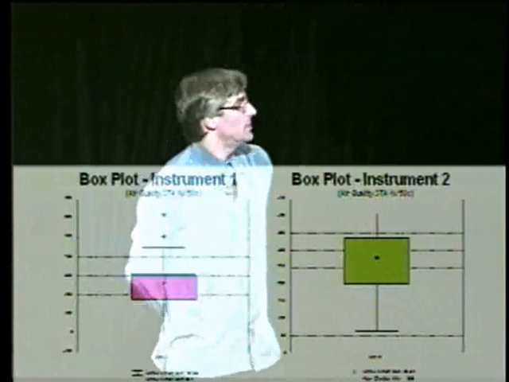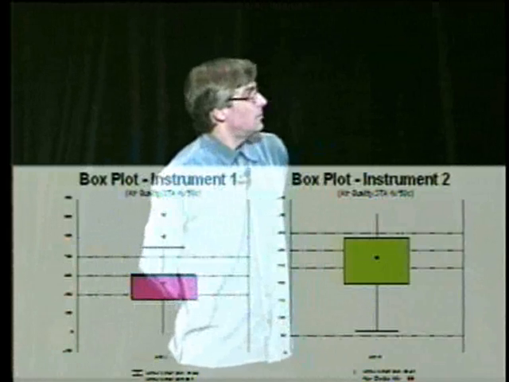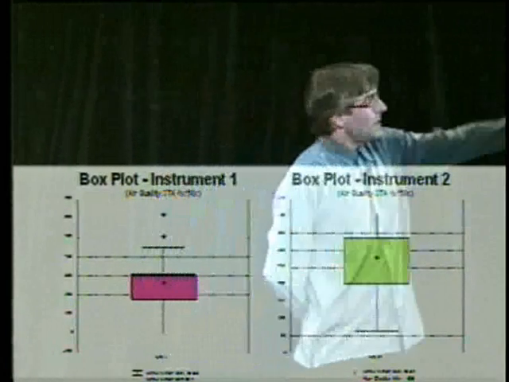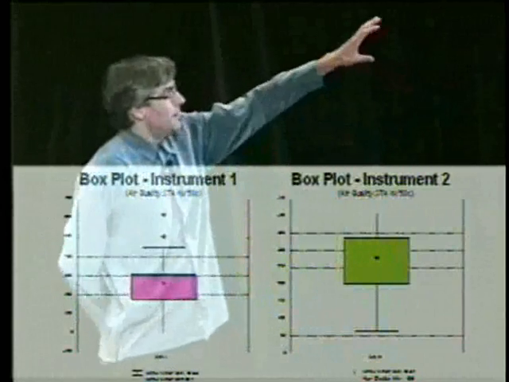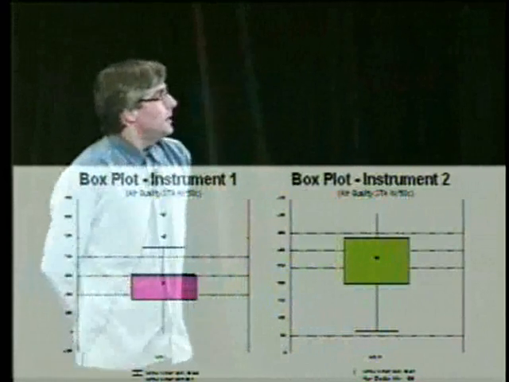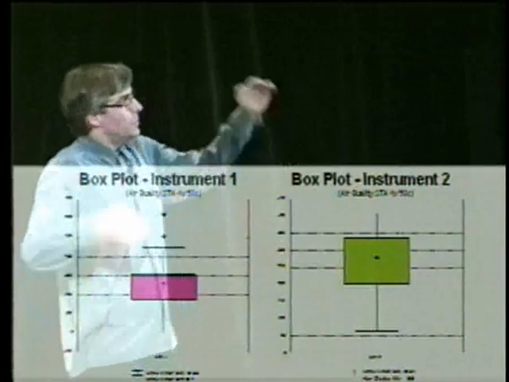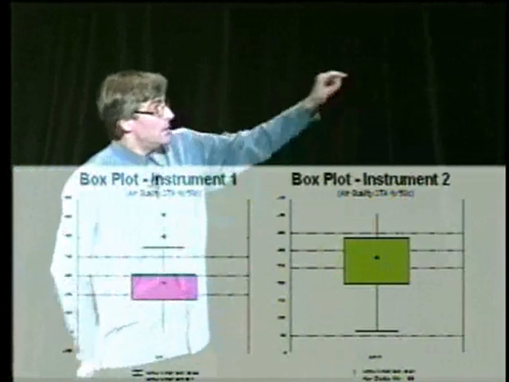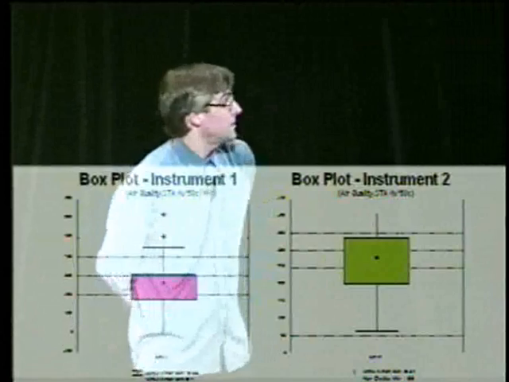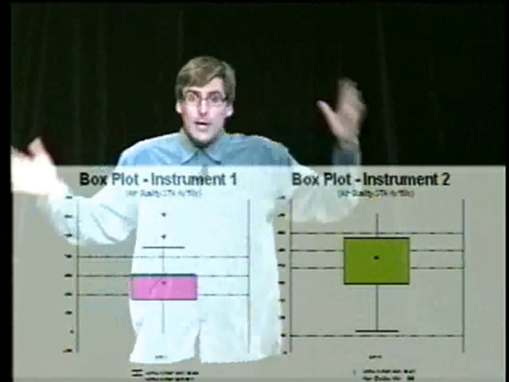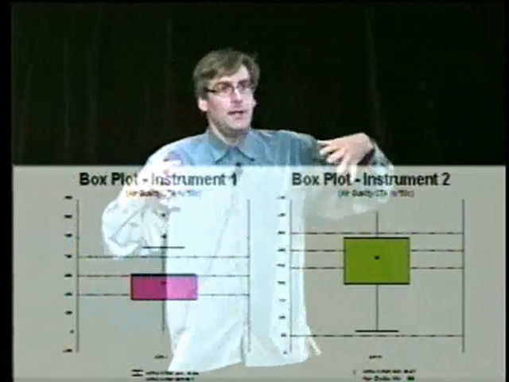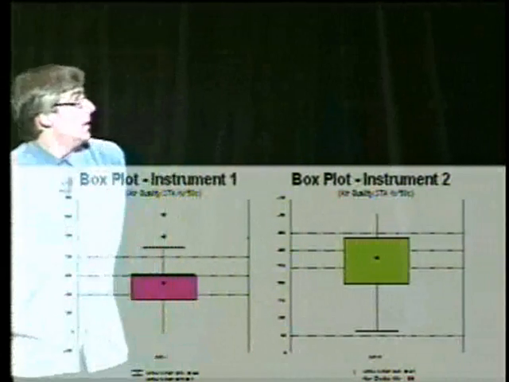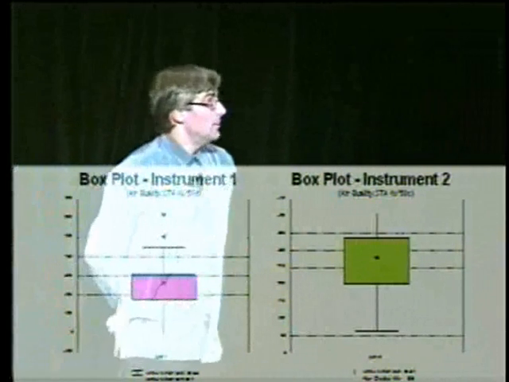The upper panel again shows the distribution for instrument 1, and with a box plot, you've got the box, which here notes the difference between the 25th and 75th percentile scores, and the median appears as the tiny little box within the box. The whiskers show the range of the data that are not classified as outliers. And the 2 extreme points are shown as individual data points.